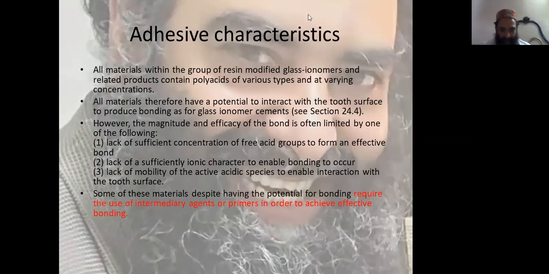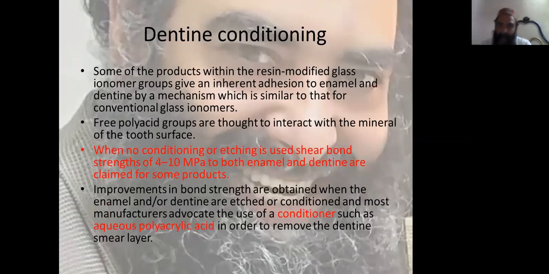Some of these materials, despite having the potential for bonding, require the use of intermediary agents or primers in order to achieve effective bonding. Now, dentine conditioning. Some of the products within the resin modified glass ionomer groups give an inherent adhesion to enamel and dentin by a mechanism which is similar to that for conventional glass ionomers.